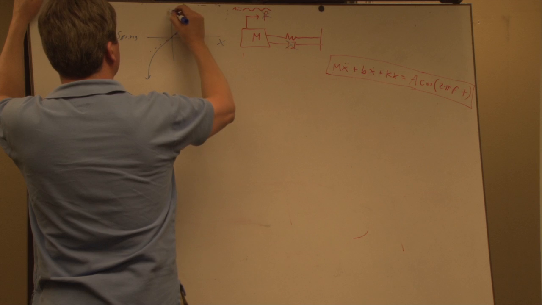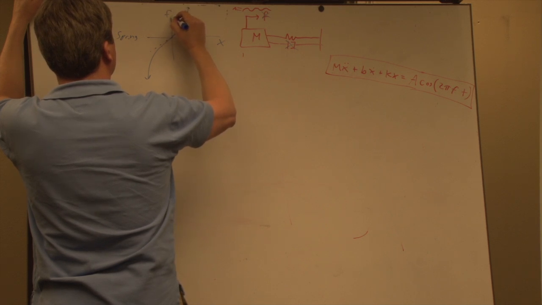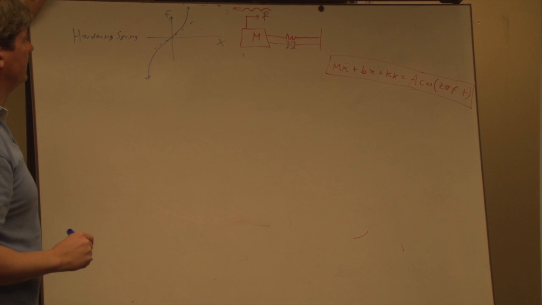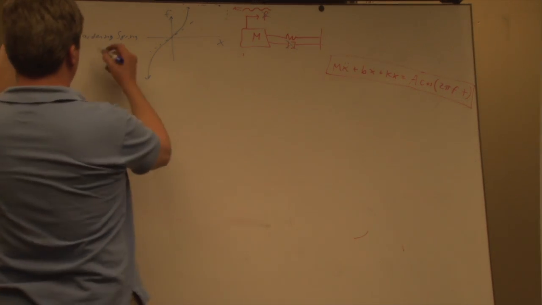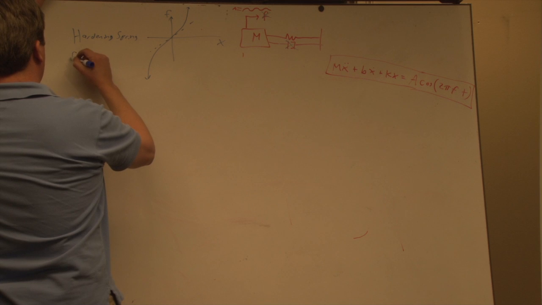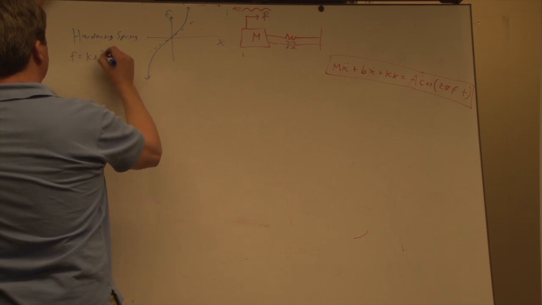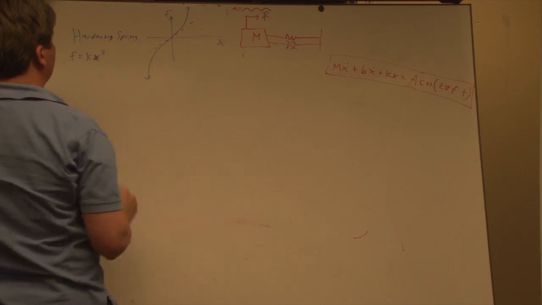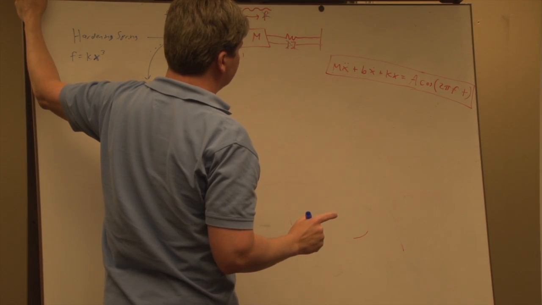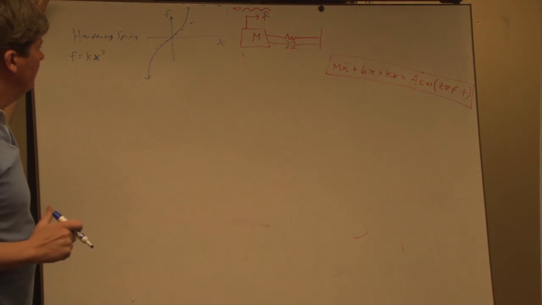That's X and F. So you have a hardening spring. And a real simple one to use is just F equals kx cubed instead of kx. Yes, let's consider that.